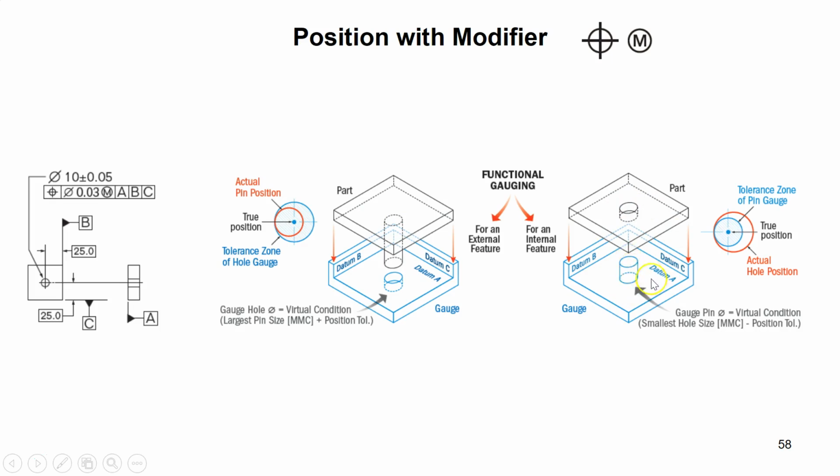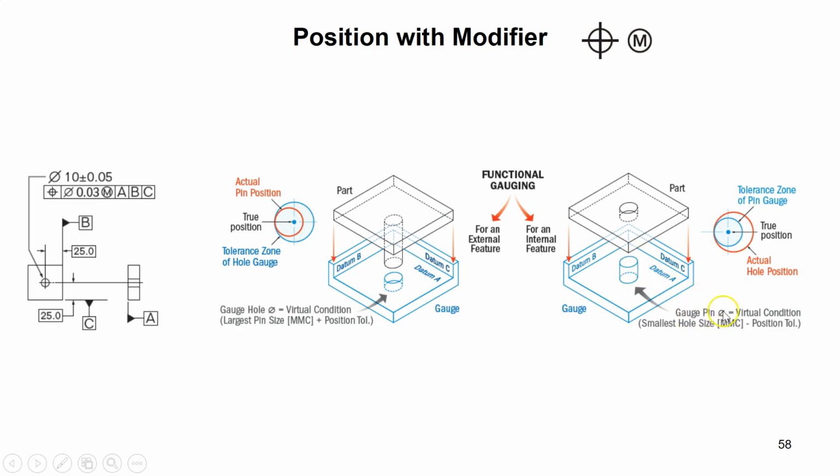So this time the shaft is on the inspection table and the hole is on the part. The question is this: what size of pin do I need on the inspection table this time? So again, this shaft can pass through that hole where I fix datums B, C, and A. Well, how do I get that?